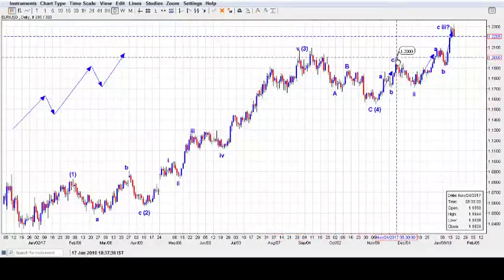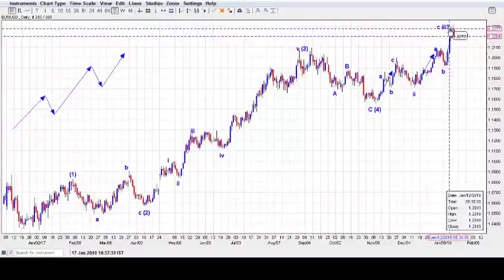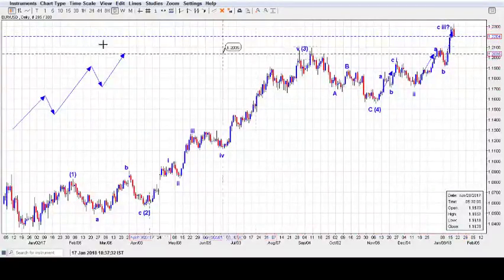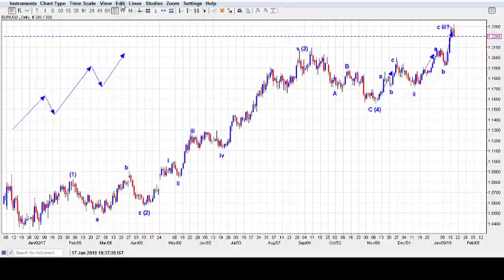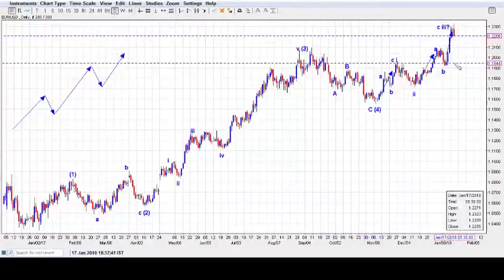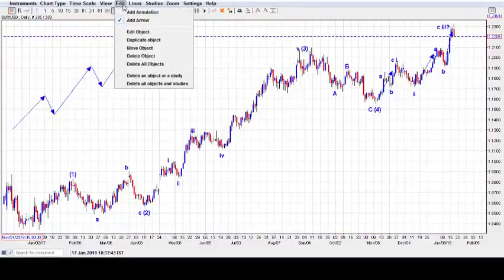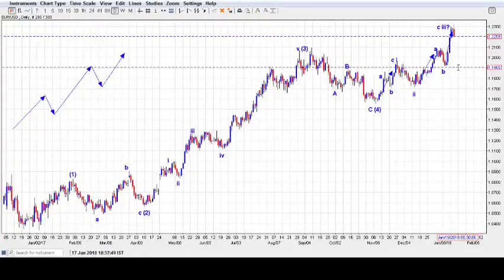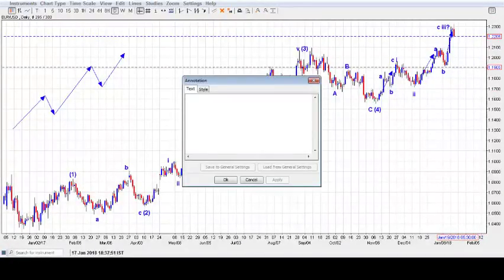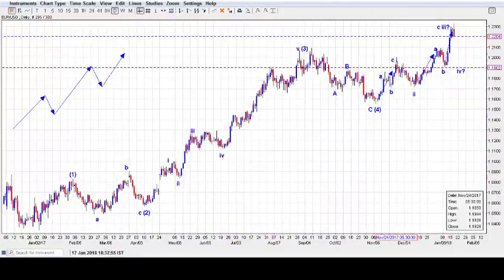So if it is wave 1, wave 2, and that is wave 3, then we should rather witness the fourth wave, and as it is an ending diagonal, invariably wave 4 overlaps the territory of wave 1, unlike an impulse.